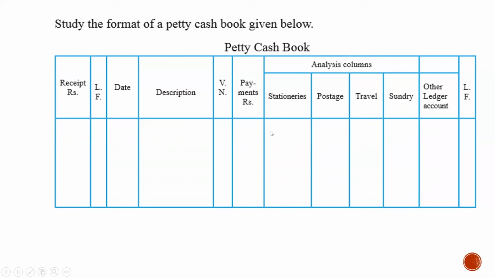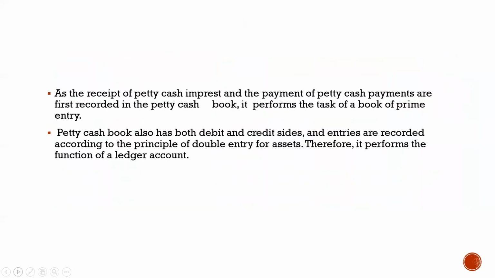If it is stationery, we divide the analysis column into a few main areas where we incur expenses, and then we put amounts so that we can take them directly to the ledger. Those that do not fall into any of these 4 or 5 will finally go to the other ledger account area, right? Let me explain it more.